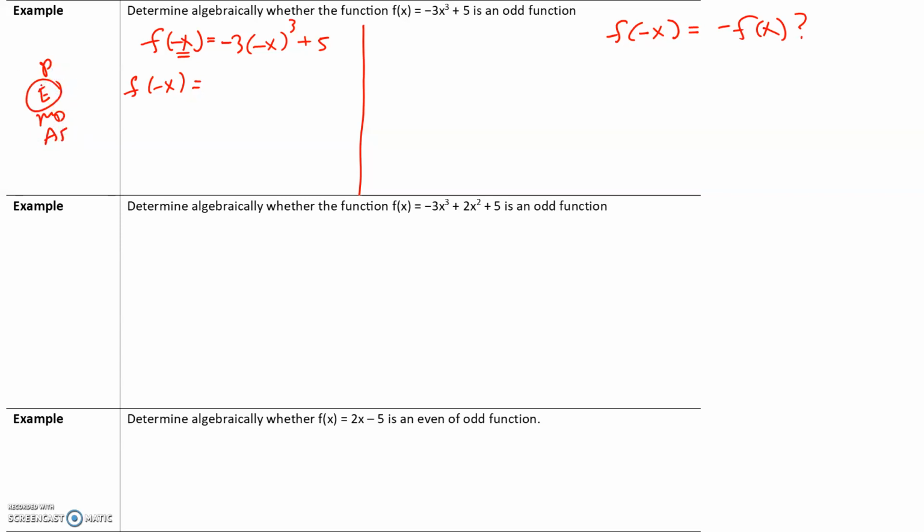So the exponent has to be done first. We cannot multiply these. Negative x cubed is negative x times negative x times negative x. So a positive x squared times negative x is a negative x cubed. I'm sorry, let me rewrite that. So negative x to the third power is actually a negative x cubed.